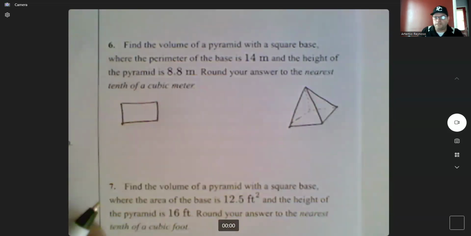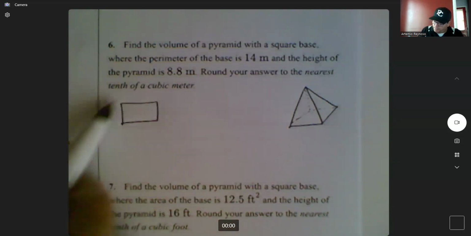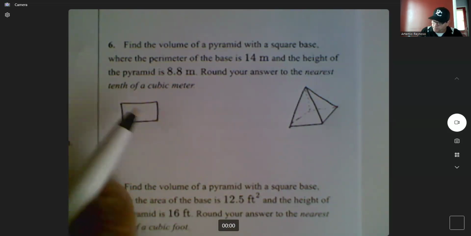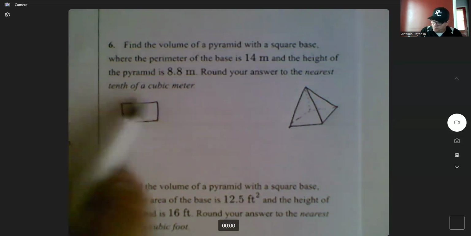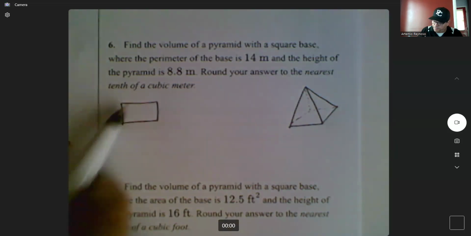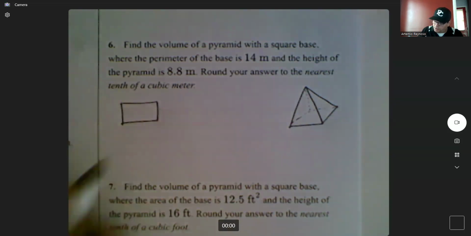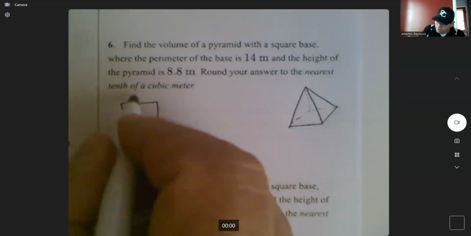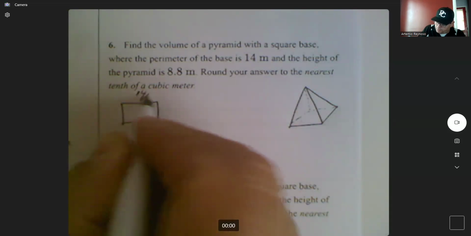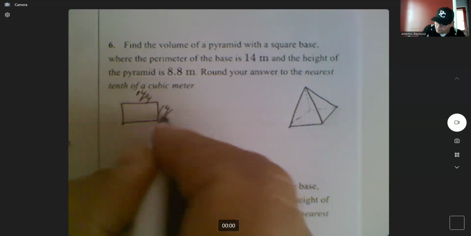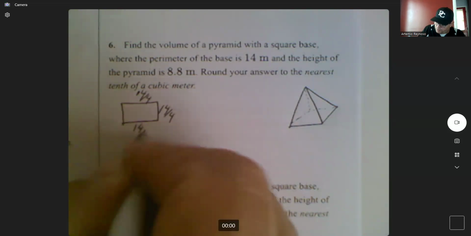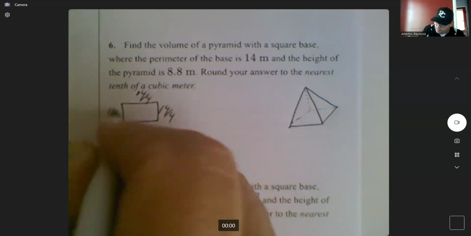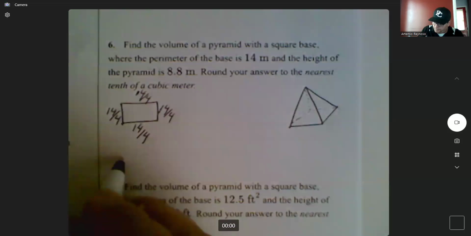So for 14, I need to divide by 4. Why 4? Because I need to get 14 by adding the 4 sides. So I will get here 14 over 4, 14 over 4, 14 over 4, and 14 over 4.